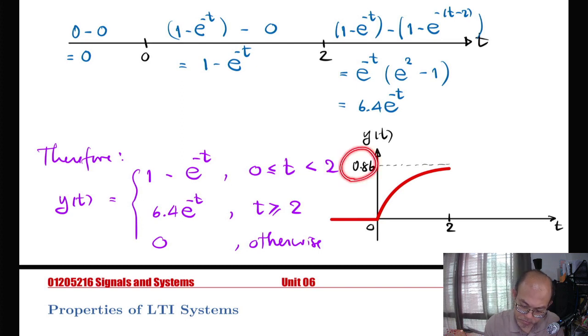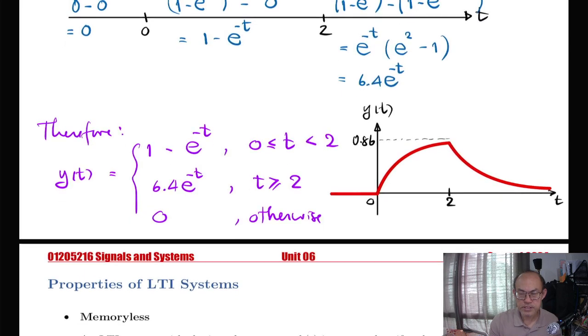I'm going to get this number. So from time 2 on, the response slowly dies down. There. So this is the response from the system, right?